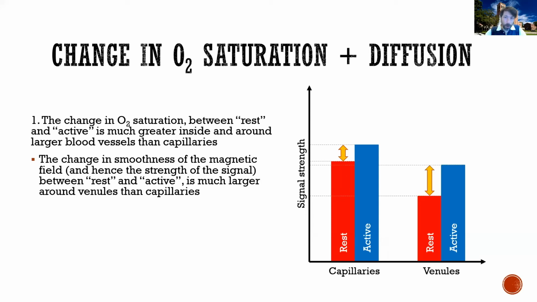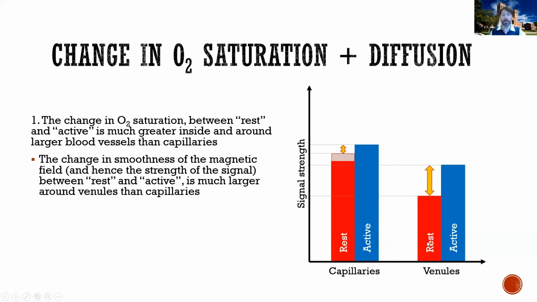So will the signal be stronger or weaker? The signal will be stronger. If you look at this red bar here, at rest with no task, the signal is stronger with diffusion than it would be with no diffusion. So the difference, the delta between off, rest, and task, active on, is very small.